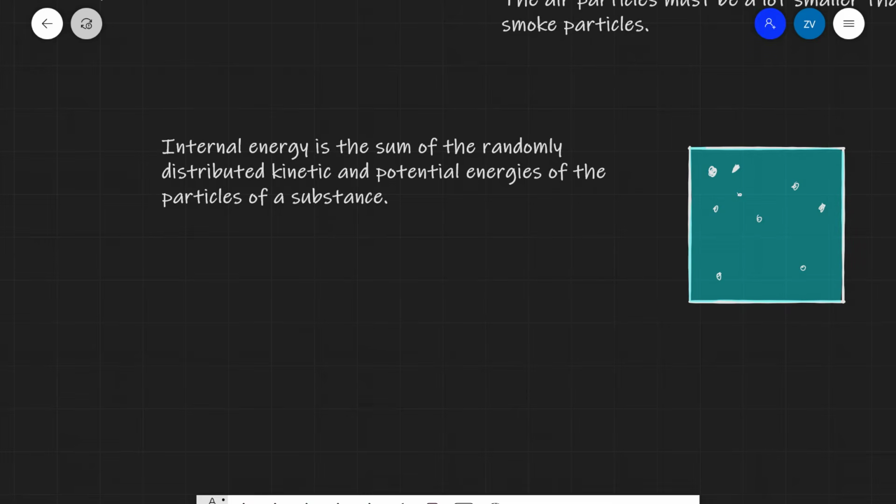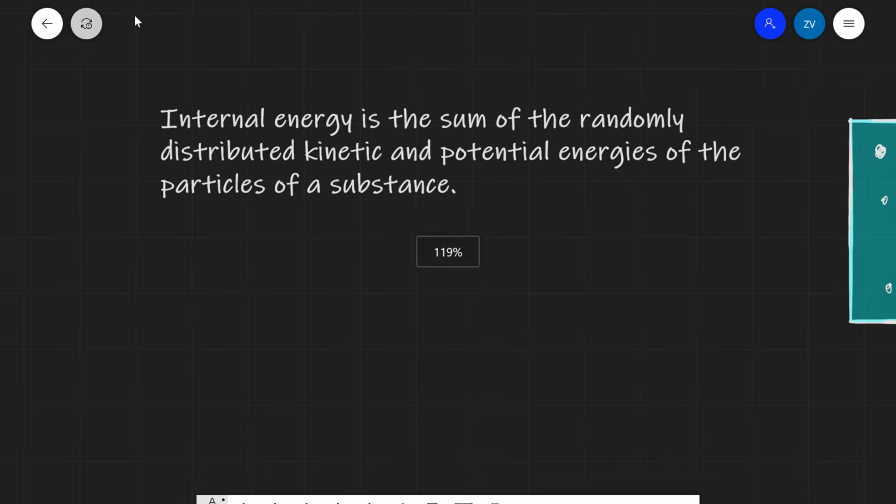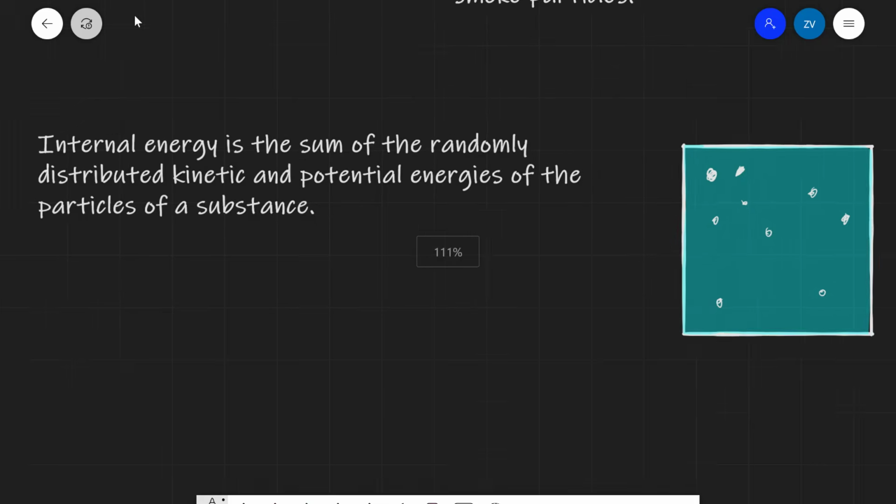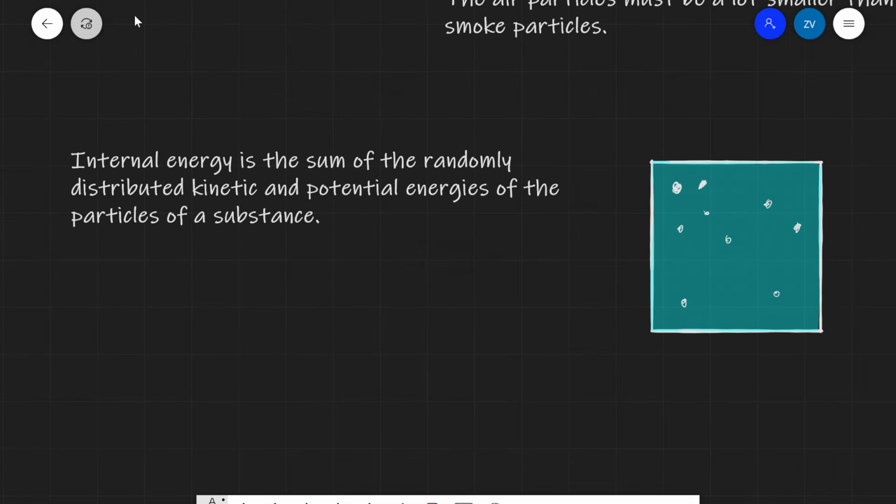Okay, we're on to a very, very important exam definition which tends to come up in exam papers again and again. So please pay particular attention to this, and that is internal energy. Internal energy is defined as the sum of the randomly distributed kinetic and potential energies of all the particles of a substance.